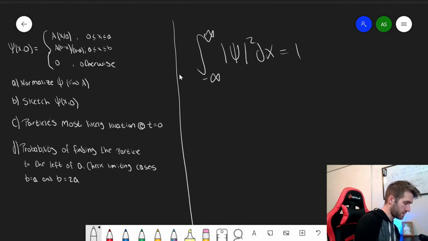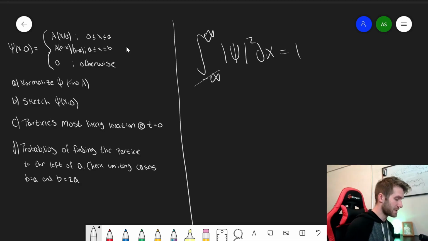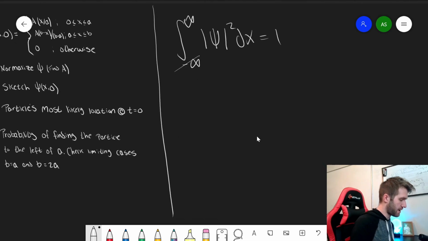Anything below 0 is going to yield 0, so we can eliminate anything beyond that point. And similarly, anything outside of b is also going to be 0. I suppose b could be infinity, but we're keeping it pretty general. So let's start setting up our conditions.